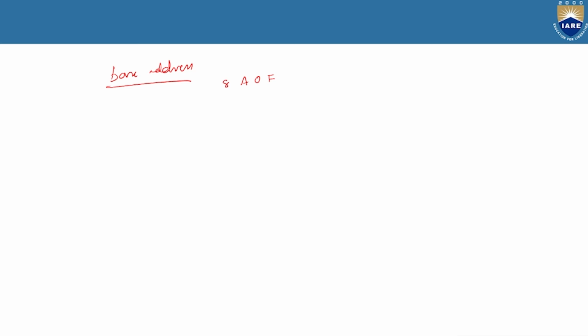Let the offset address be 1A00. Okay. So what is the base address? 8A0F. So 8 means 1000. A means 1010. 0 means 0000. And F means 1111.